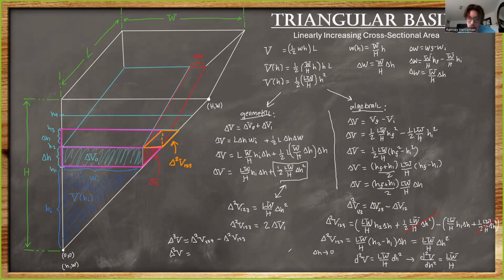Is it not just that one we just did right over here? It is, right? It's this one. Yep. And does the second rate of change depend on initial height? No. So we just have length times width over height times delta H squared. That's our second difference from 2 to 3 to 4, minus the exact same thing representing our change from 1 to 2 to 3. So by the time we get to the third finite difference, we get a 0.